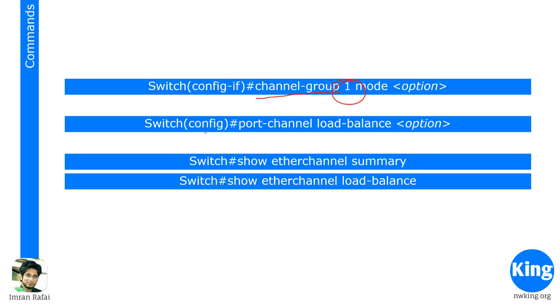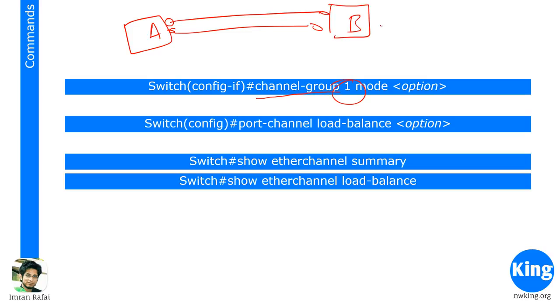But let's say, for instance, you want to do load balancing, right? So let's say we have, again, switch A, right? Switch A has 2 ports, and this is switch B, and let's say switch B has 3 PCs, PC1, PC2, PC3 connected.